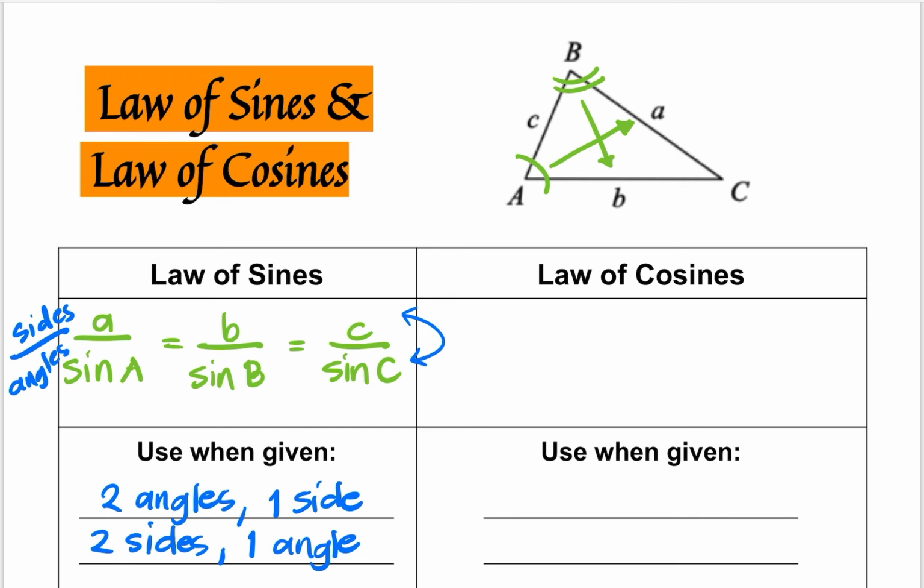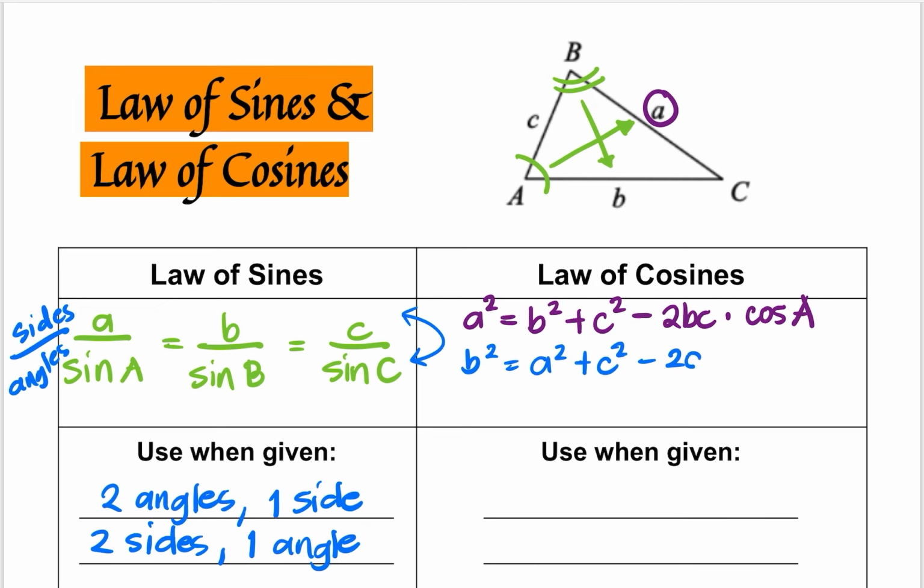Now let's talk about law of cosines. For example, if side a is missing, then I'm going to square a, which equals the square of the other two sides: b squared plus c squared minus 2bc times cosine of the letter that I started with, which is A. But this time, we're talking about the angle, capital A. If b is missing, we square b, square the other two sides, minus 2ac times cosine B, the angle.